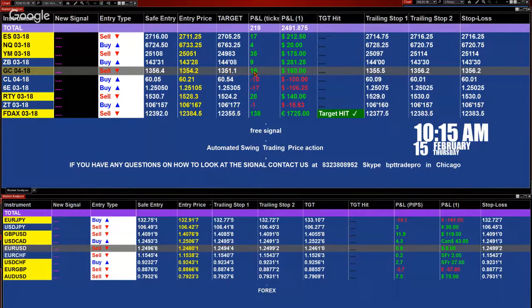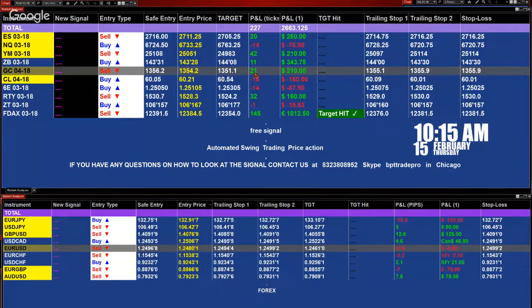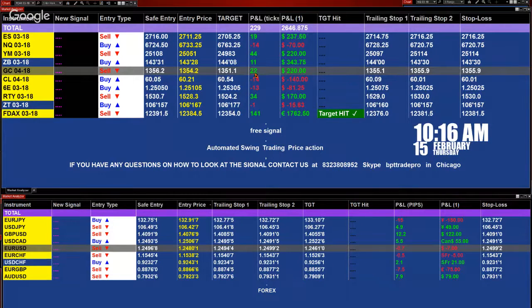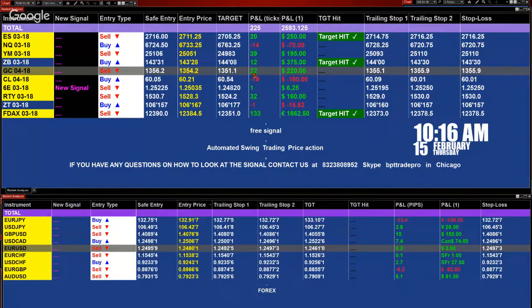That entry signal from a couple minutes ago, we had the plot on the gold, and now it is in profit 21 ticks, 22 ticks. I have no clue who's out there, but whoever took that signal made the 22 ticks.